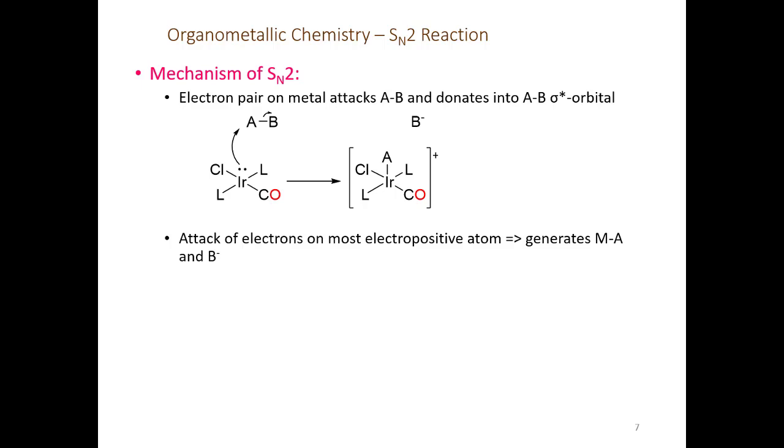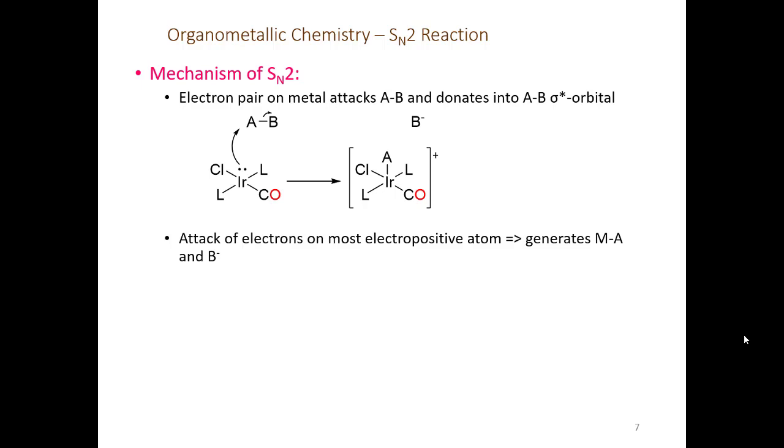And for our purposes here, the AB bond is polarized towards the B atom, so the A atom is more electropositive. And you can see that the electron pair from the metal center is attacking the more electropositive atom of AB. And then the electrons in the AB bond jump to B, forming an anionic species. So this ends up generating your M-A bond with B as your leaving group.